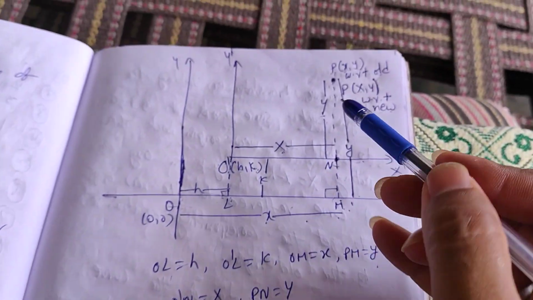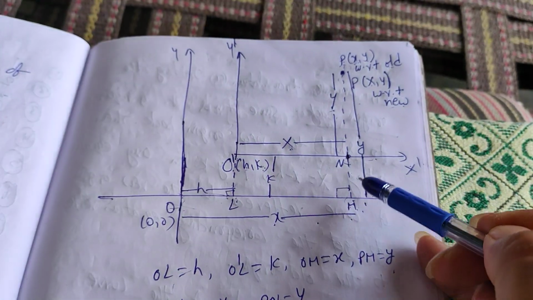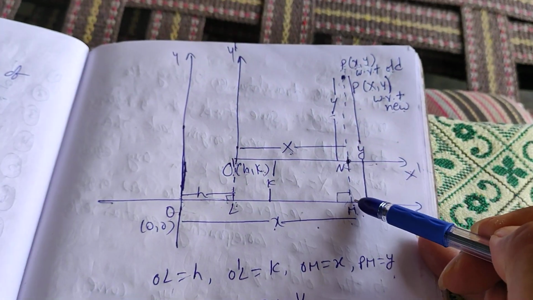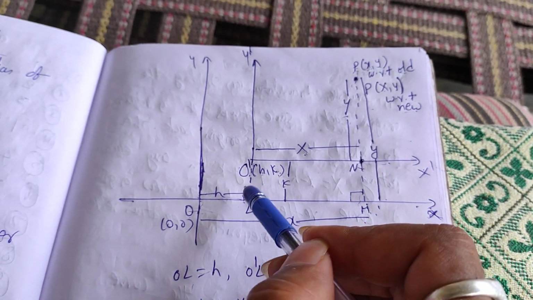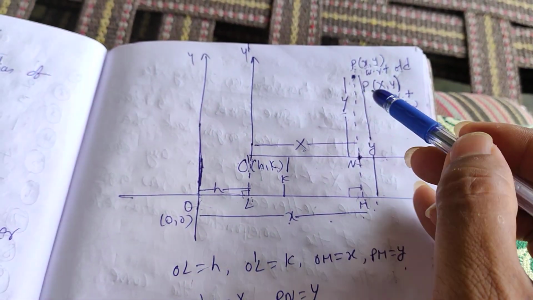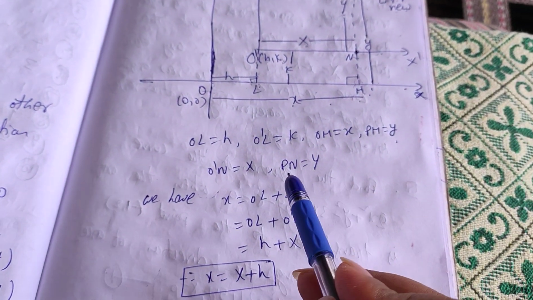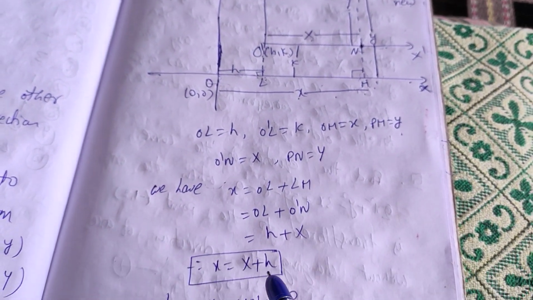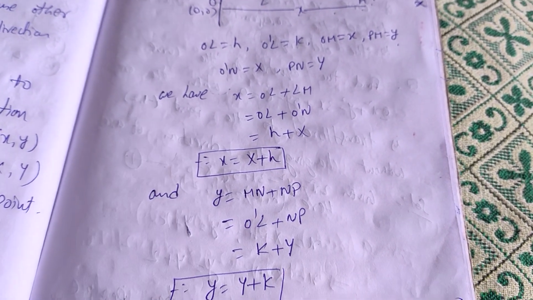And for y, this length is PM. PM you can write as PN plus NM. This NM is nothing but O dash L, since it forms a rectangle. So you can write y is equal to PN plus O dash L. Now PN is equal to capital Y and O dash L is equal to k, so substitute here.